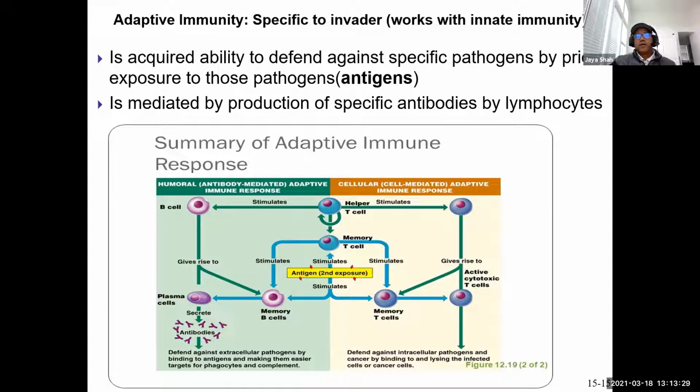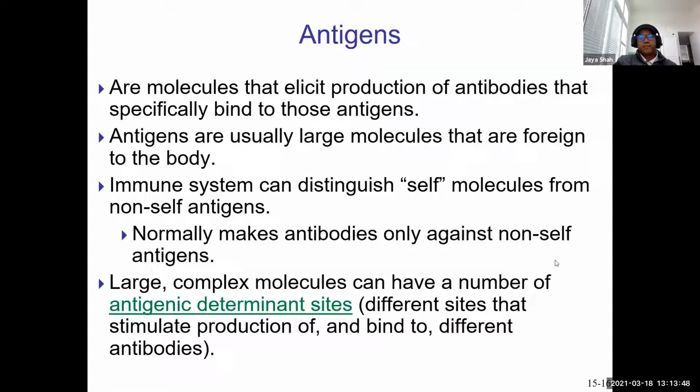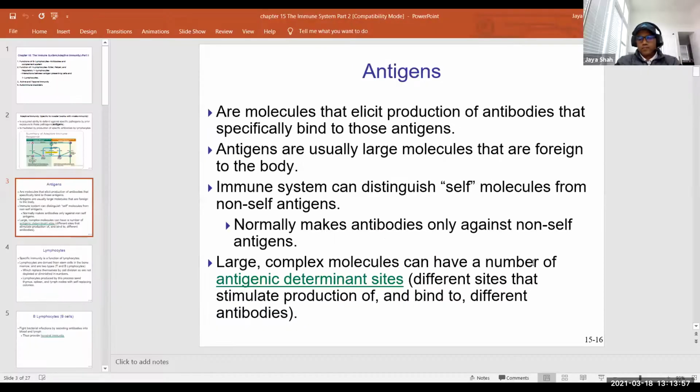So that is the maturation. We're going to talk about them all. So let's see now. Antigens, we talked about last time.